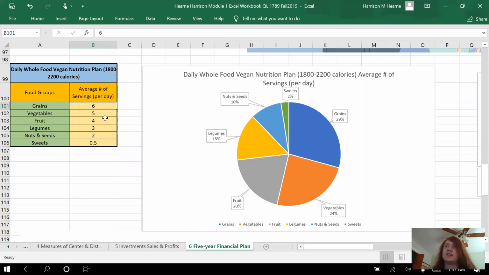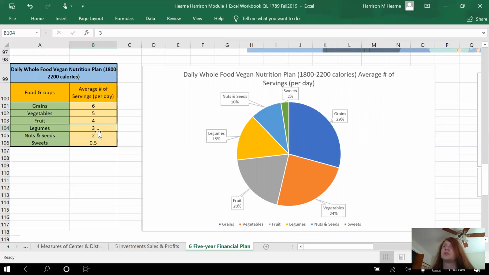And to get there, I eat about 6 servings per day of grains, 5 per day of vegetables, 4 per day of fruits, 3 per day of legumes. Sorry, my mind is blinking.